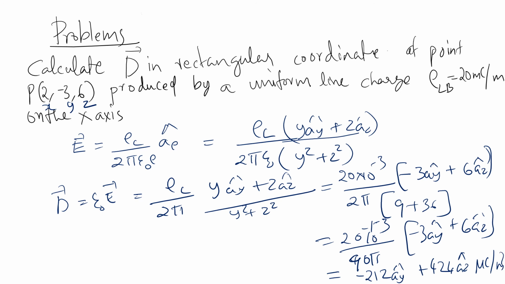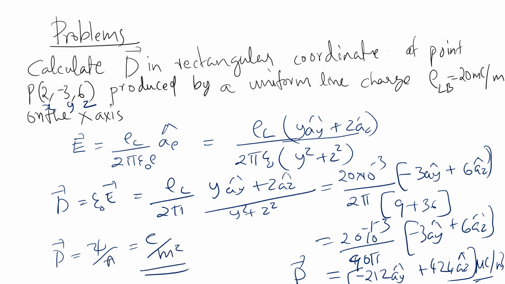So that will be in micro. 10 raised to minus 3 will become 10 raised to minus 6. So if you simplify that, it will become like this. So that is the vector D. So unit of D is psi by area. So psi is coulomb and area is meter square.